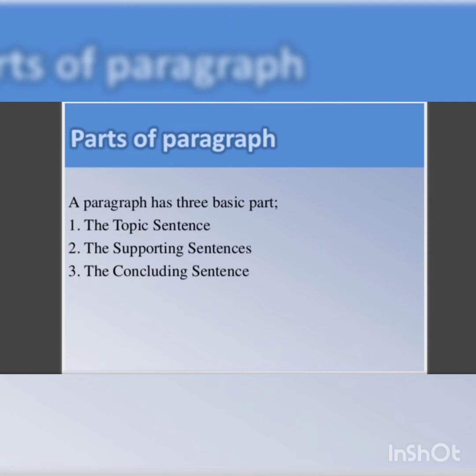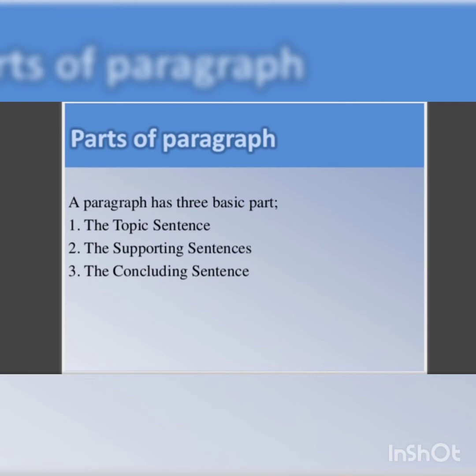Further comes the supporting sentences. First of all, we write the topic sentence and then supporting sentences for the same topic. Now, what is the role of the supporting sentence? Supporting sentences add information about the topic. They add more information about the topic and controlling idea. Supporting sentences can include definitions, explanations and examples also.